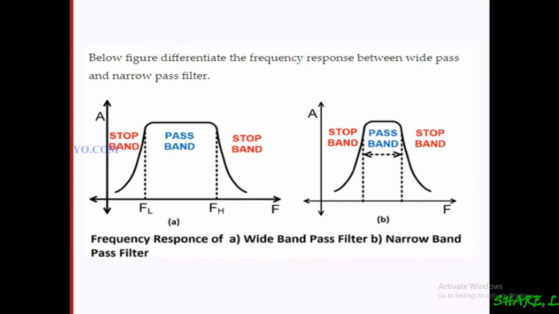From the 3 dB points we can find the lower cutoff frequency FL. FL is the lower frequency, and FH is the higher frequency. These two frequencies are used to decide the band of the given filter. According to the Q factor, the narrow band and wide band is changed.